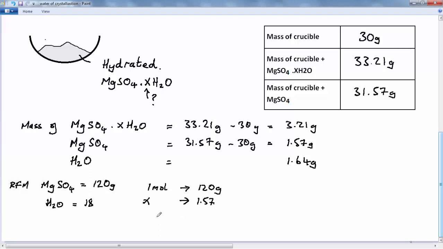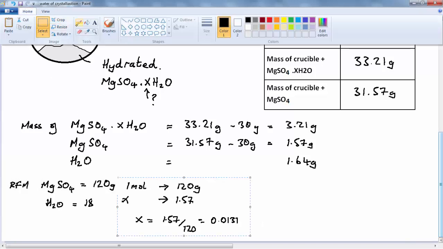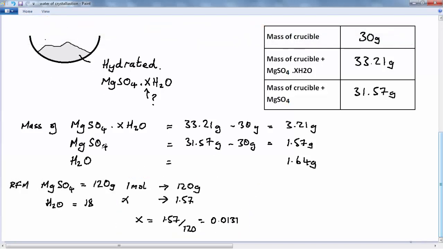Cross multiply, and that gives us X is equal to 1.57 divided by 120, which is equal to 0.0131. That's the first bit of information we need. So that's the number of moles of magnesium sulfate present.